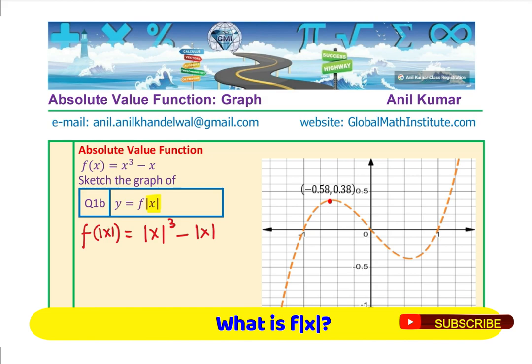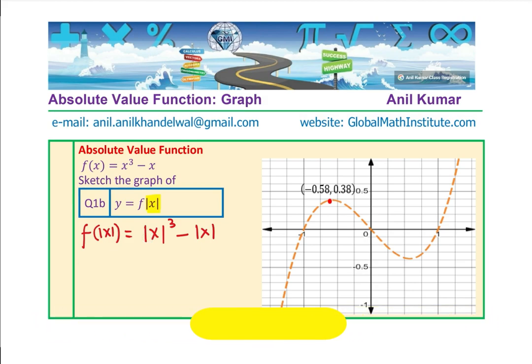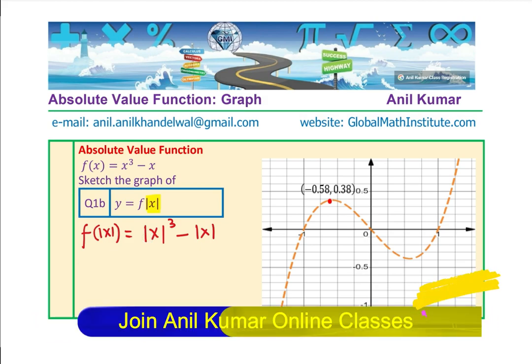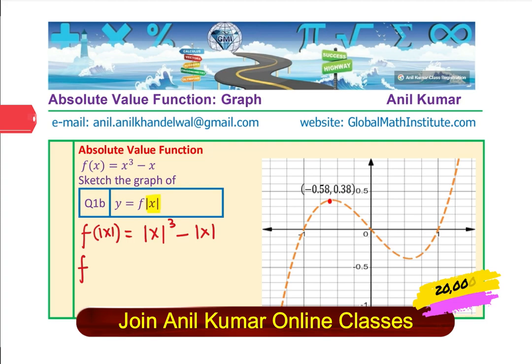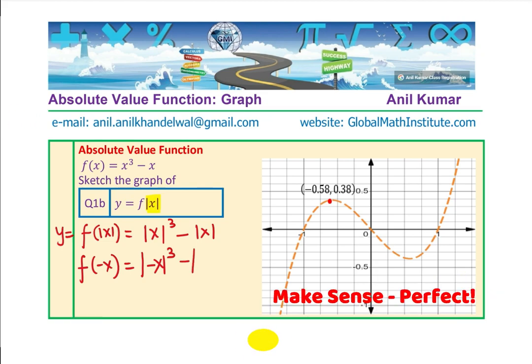Perfect. Now, in this particular function, all the values of minus x, what will happen to those? Well, let's also look into the symmetry of this function. So if I do f of minus x, what do I get? I get absolute value of minus x whole cube minus absolute value of minus x.